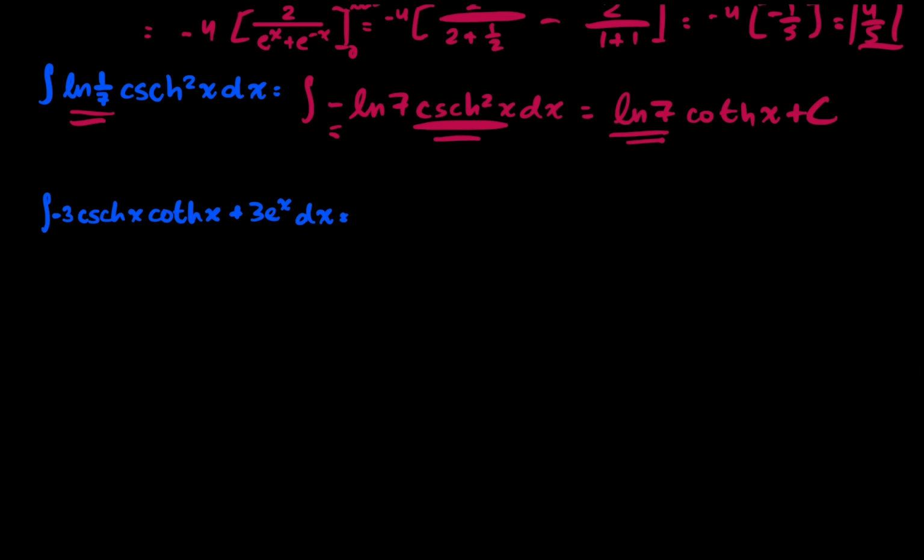Finally, over here we have the indefinite integral of this very intense looking function. All we have to do is recognize we have this csch x, coth x, and the negative sign. This 3e to the x we don't have to think about for the moment.